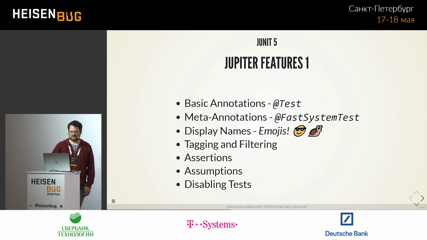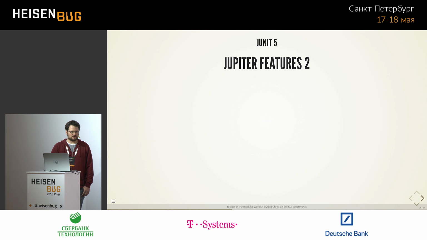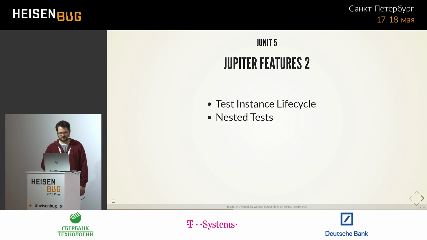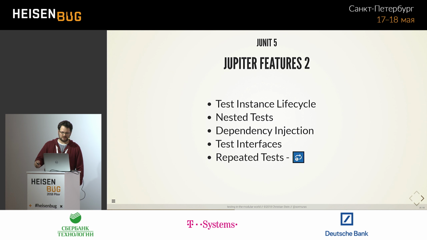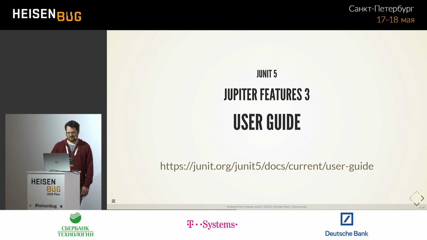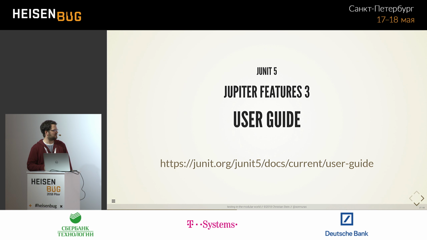Assumptions, you can disable tests. You can conditionally execute or disable tests before they are executed in the discovery phase. We have more features in Jupiter. That's all not part of the talk. I just want to demonstrate the content of the user guide. So here is the link. Follow it and learn about Jupiter and the platform.